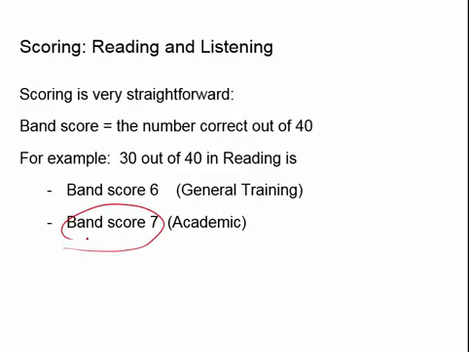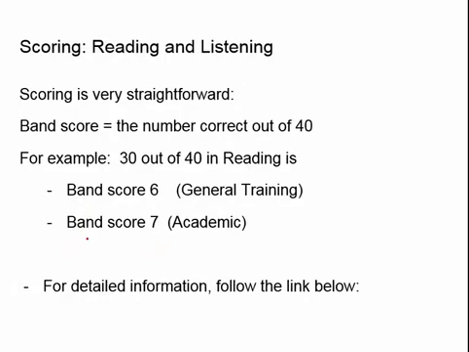They're different exams and they each have their own grading criteria. But just know that it is just a table they follow, and the number correct you get out of 40 will be your band score for that section. You can see the tables for academic and general training reading scores and listening scores if you follow the links below.